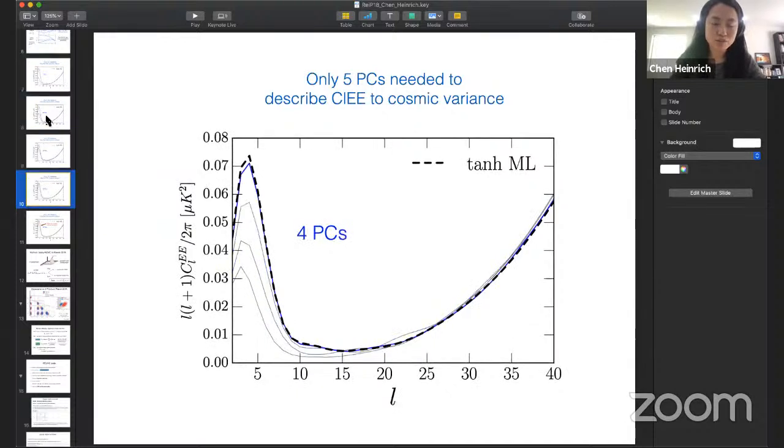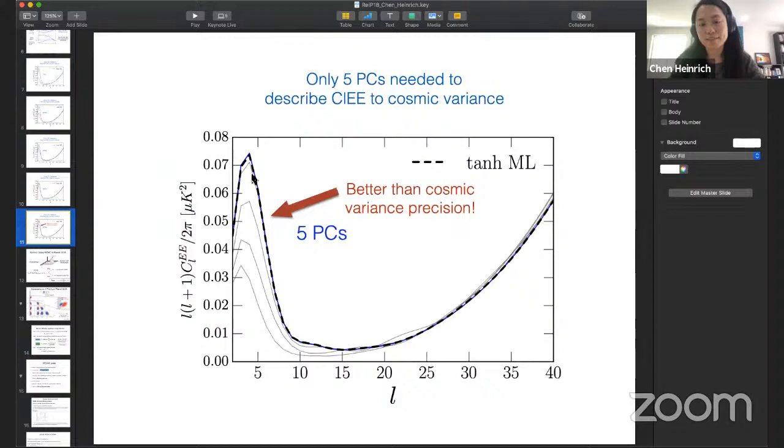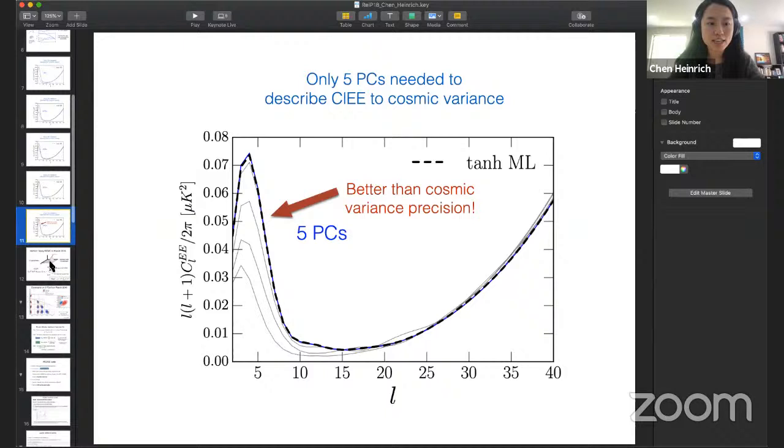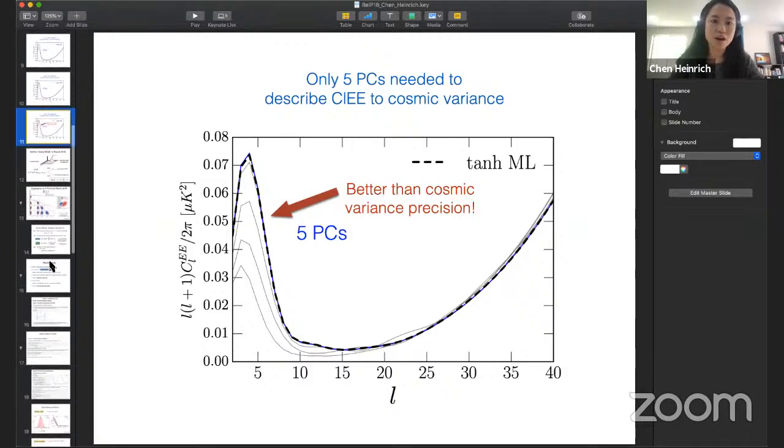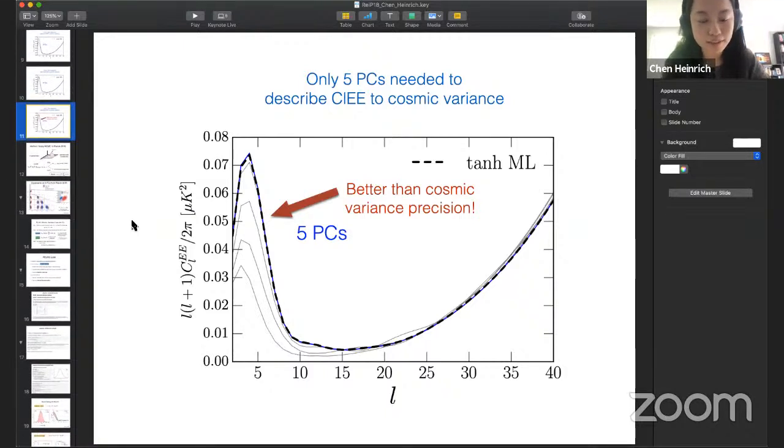Going from 1 to 3 to 4 to 5, you see that everything matches to better than cosmic variance. And this applies not just for tanh, but for all the models that you can think of between 6 and 30. And of course, you can generalize the approach to an extended range of redshifts as well.